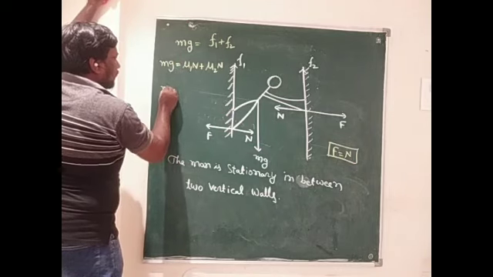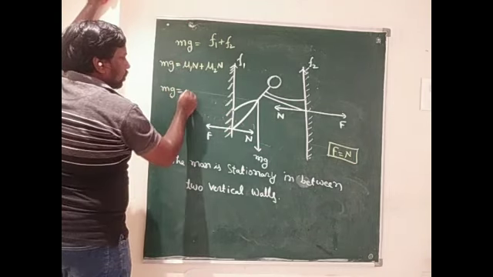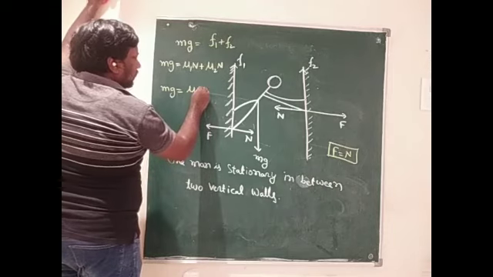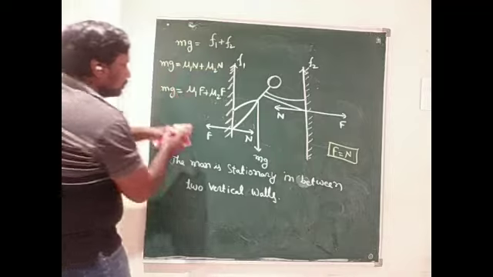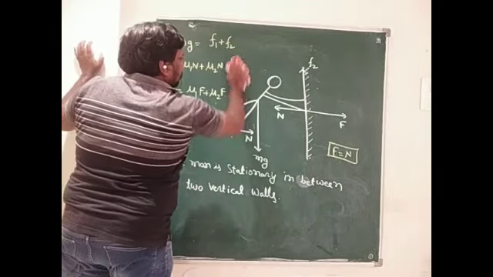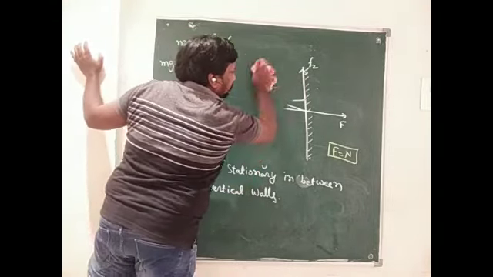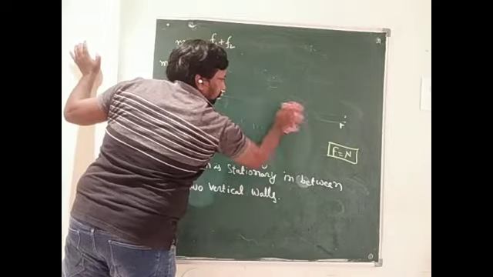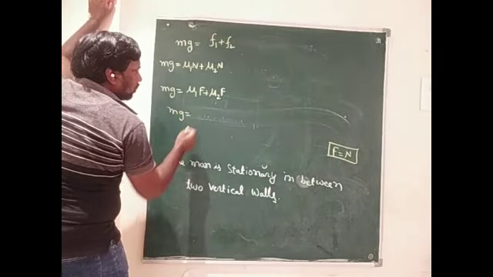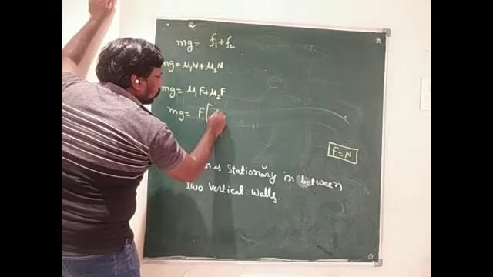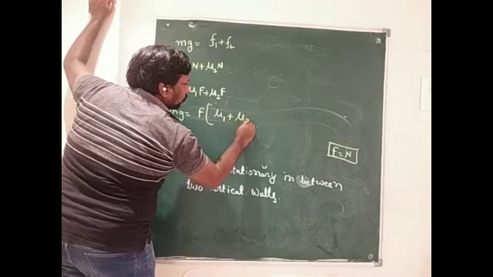So therefore mg equal to mu1 F plus mu2 F. So therefore mg equal to F into (mu1 plus mu2).